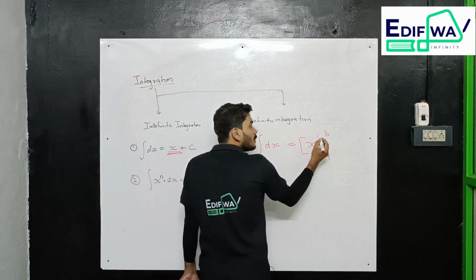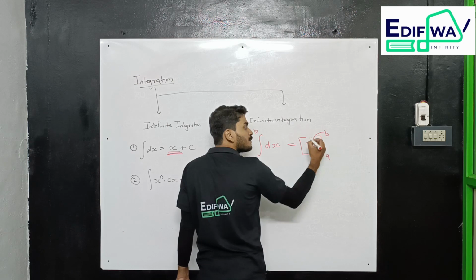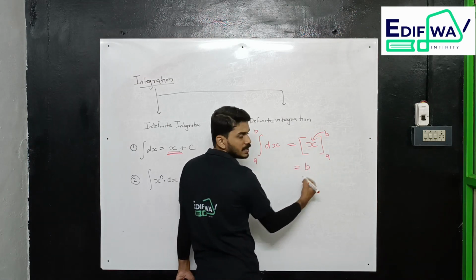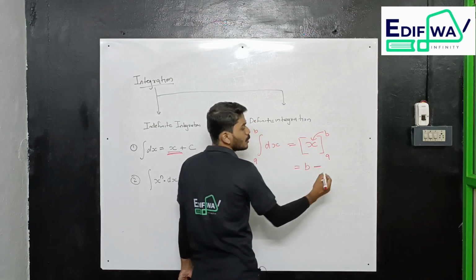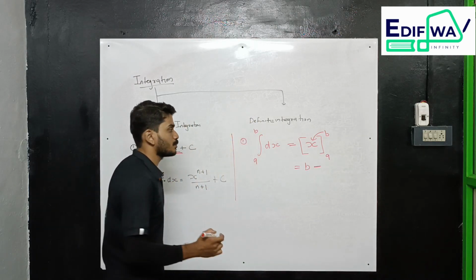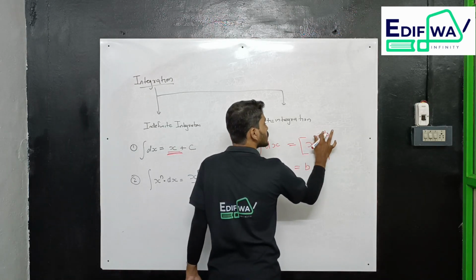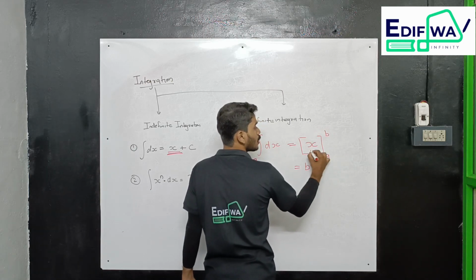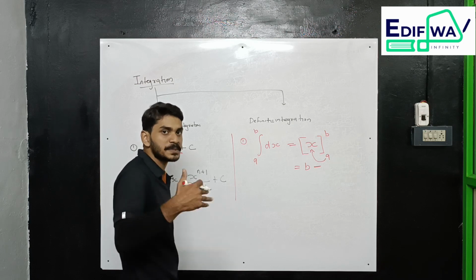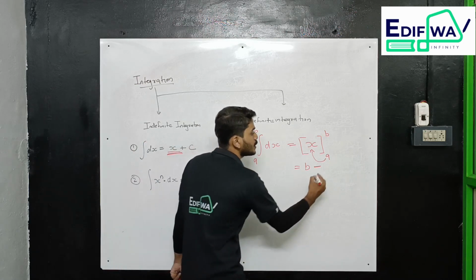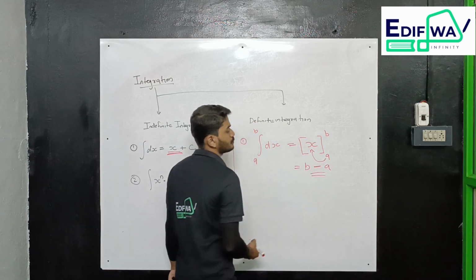First you substitute b for x, so it becomes b. Then you always put a minus. Now you substitute the lower limit a for x. x is the variable, and you have to substitute for the variable part. So it becomes b minus a.